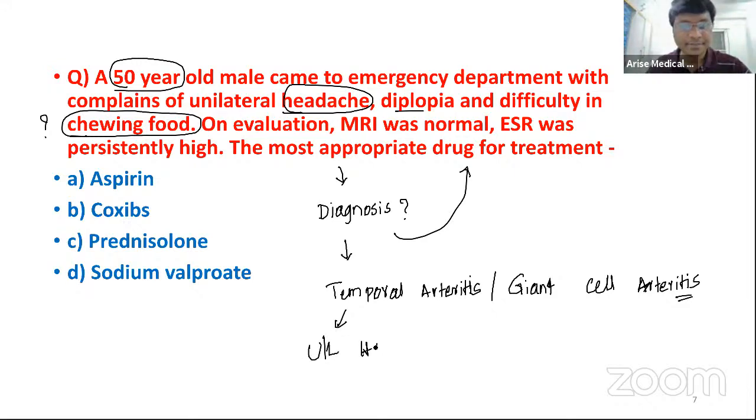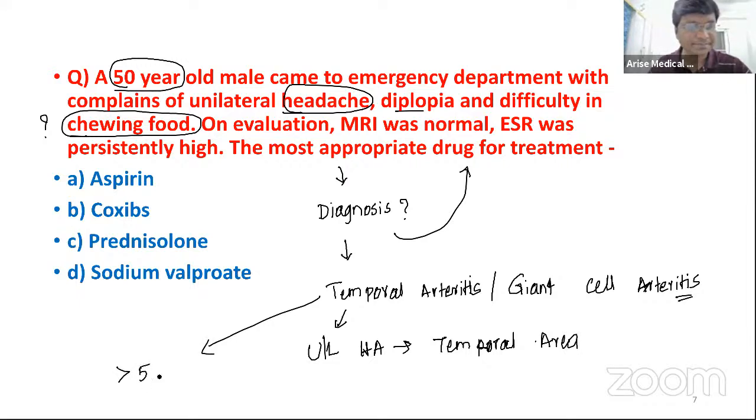Unilateral headache, right? And that too in the temporal area, in a patient aged more than 50 years. So that is what is suggestive of temporal arteritis.